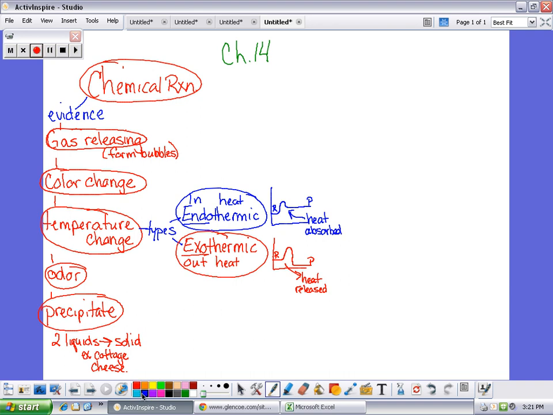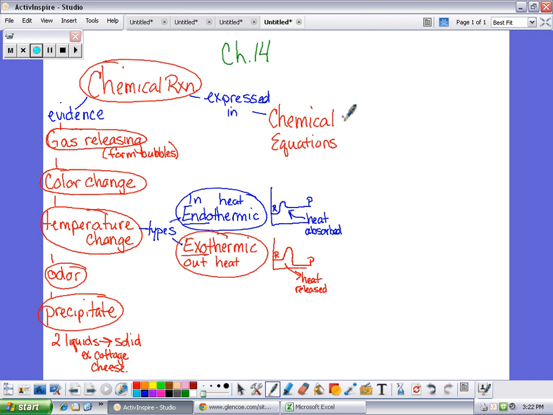Chemical equations are used to express chemical reactions. Chemical equations are a shorthand of showing you what's happening in a chemical reaction.